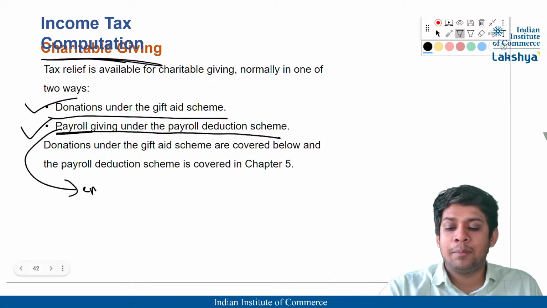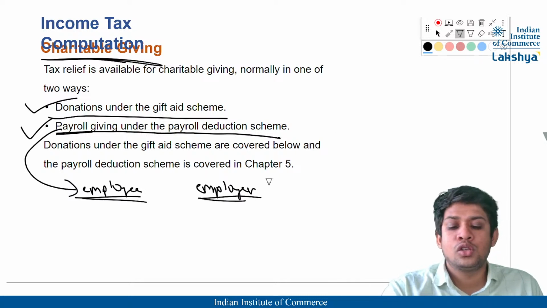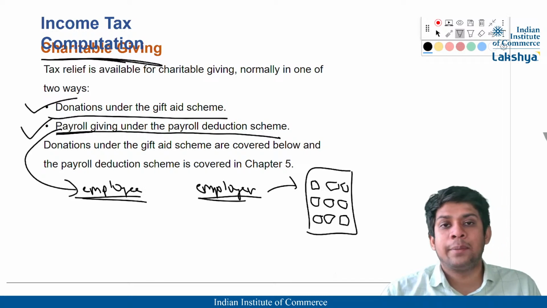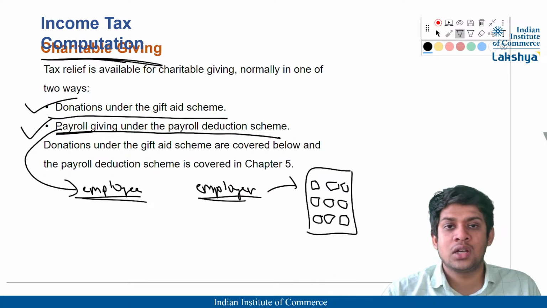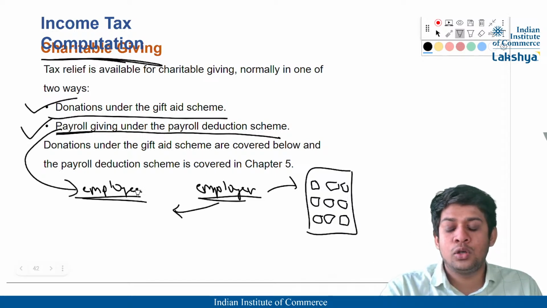So maybe I am an employee earning payroll on a monthly basis, and there is my employer. The employer has made a building as an educational hub for poor children who need scholarships. So the employer says, if you want to contribute to charitable giving, you directly contribute here.